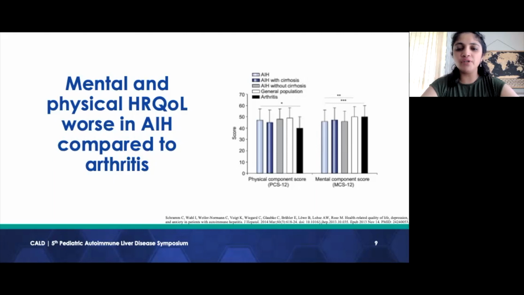The physical component score was not significantly worse when compared with the general population. However, the mental component score was significantly worse in patients with AIH when compared with the general population and patients with arthritis. This was pretty significant, as we always think about the inflammatory rheumatologic diseases as affecting your physical and mental health. And when you compare our patients with autoimmune hepatitis with them, they are pretty similar. They're right there, or they are even worse.